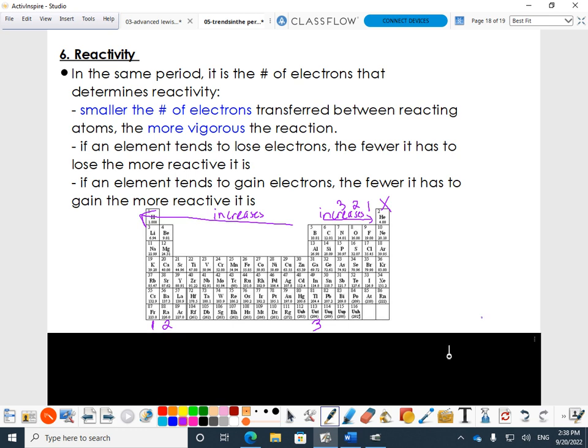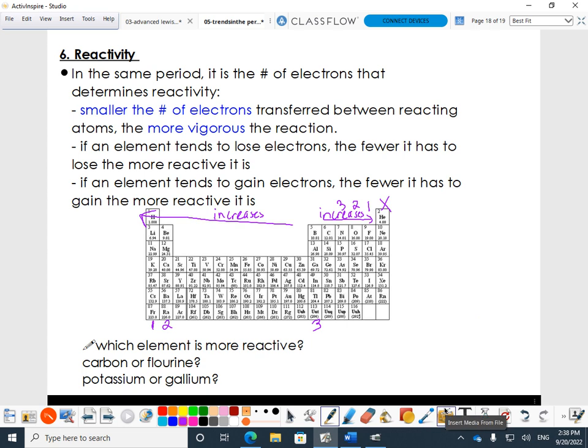Okay, so our question here, I've done nonmetals together and metals together.